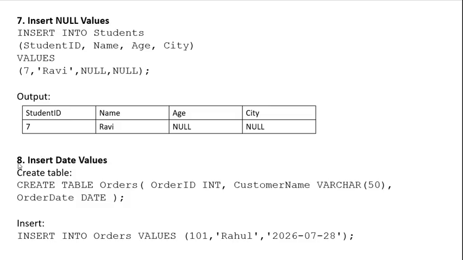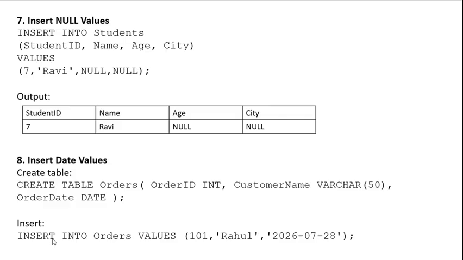And eighth is insert date values. Create a table orders, where the order ID is an integer, customer name is VARCHAR(50), and the order date uses the DATE keyword in capital letters, then close the parenthesis and semicolon.